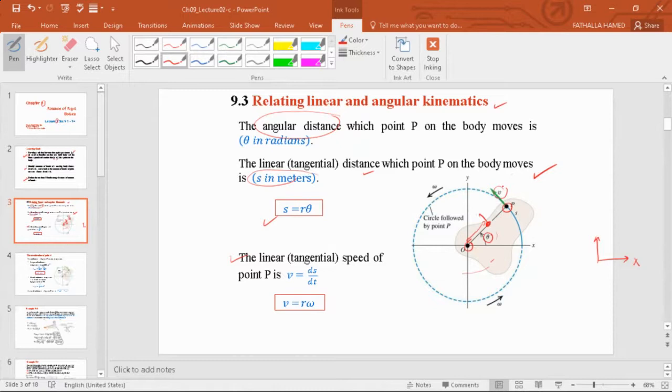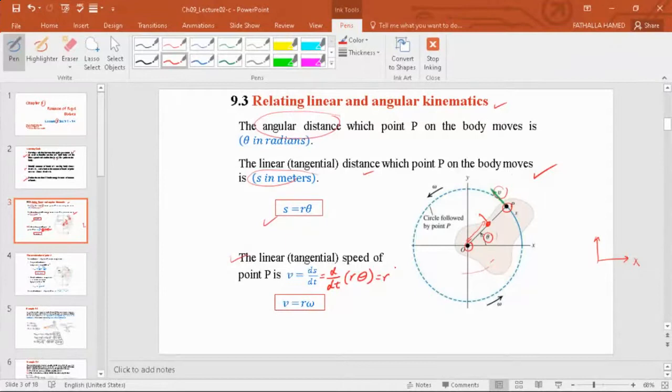And you need a tangential acceleration to change the magnitude of this. So now, if I look at my tangential distance here, and I want to get my tangential speed, v will equal ds by dt. This is equivalent to saying it is d by dt of r theta from our definition, which will equal r, because r is going to be fixed.